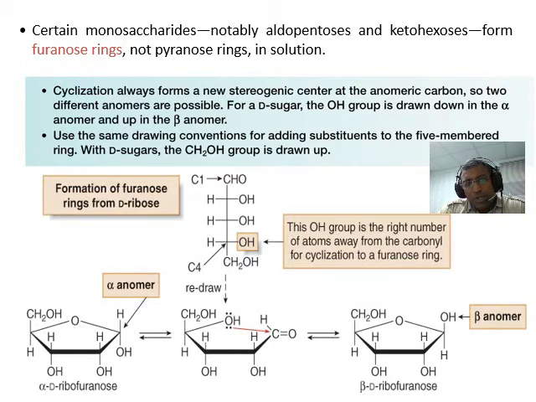Just now we looked at glucose in terms of forming the pyranose ring structure, but here we are going to look into furanose ring structure formation, and this one is looking into aldose, and later we will see ketose.